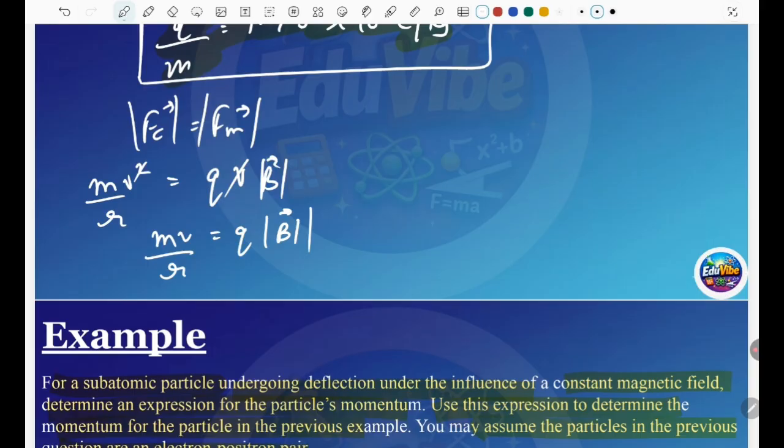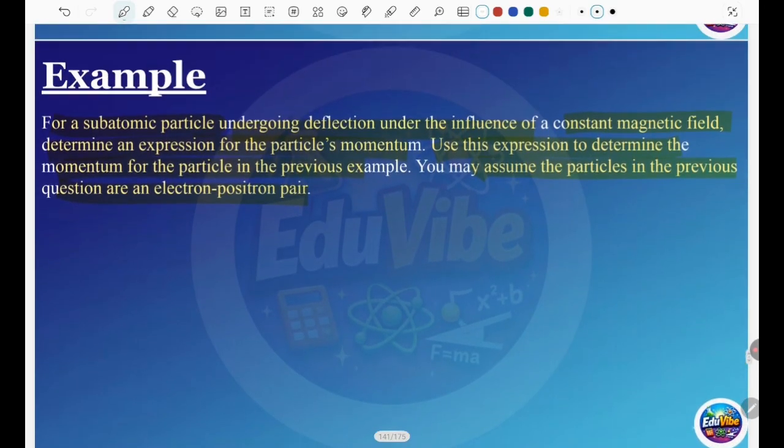You want the momentum. You can see that m times v is basically equal to the momentum. So you get momentum upon r equal to qB. When r goes over there and multiplies, you get this expression. From here you can find the momentum.